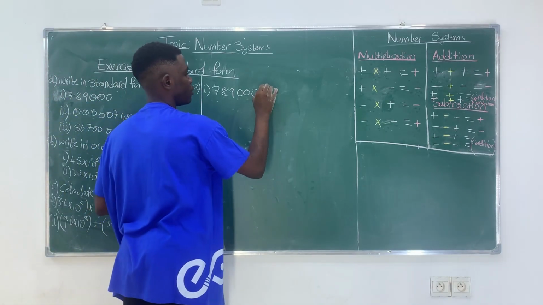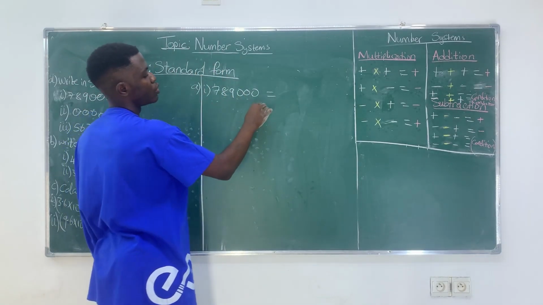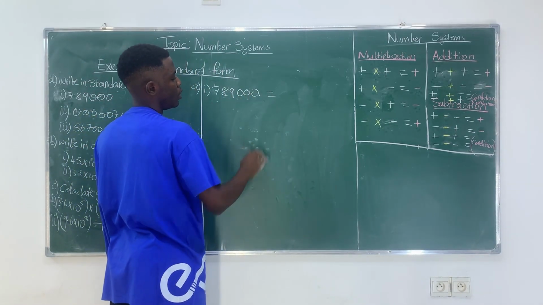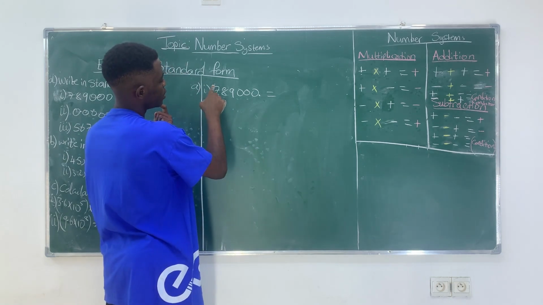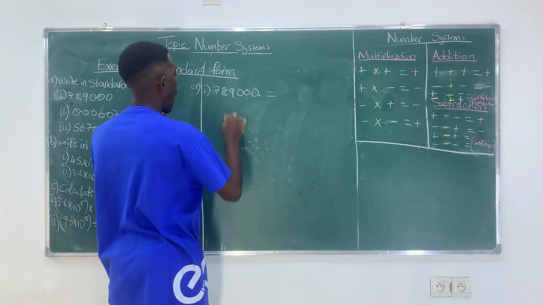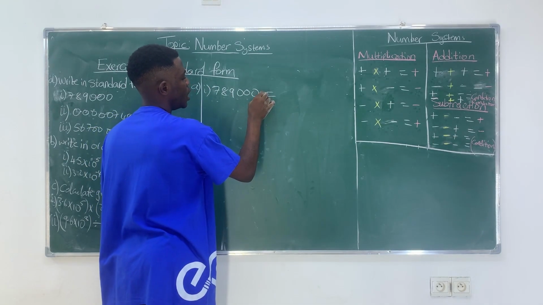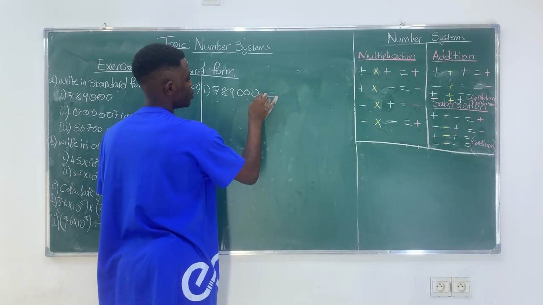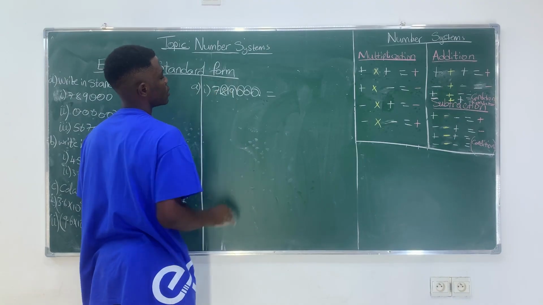So to write this in standard form, as we know, there is no decimal point. So we put our decimal point here and we go to the left until we meet the first significant figure. And we remember the number of times: 3, 4, 5 times.